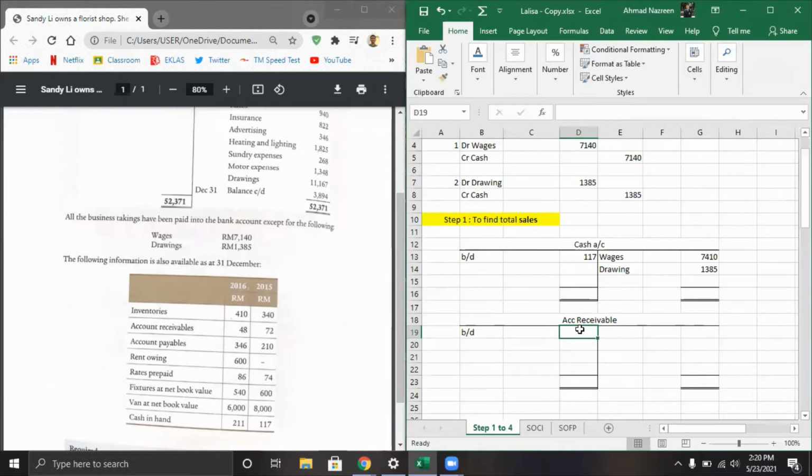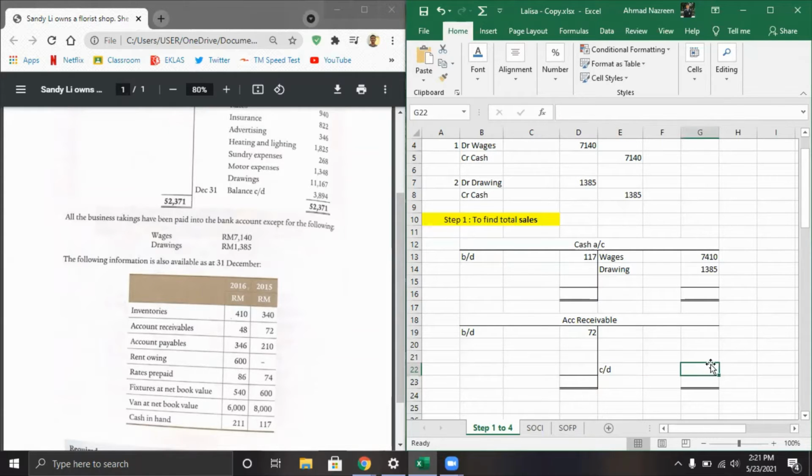And then the credit balance c/d will be debited with amount 48.